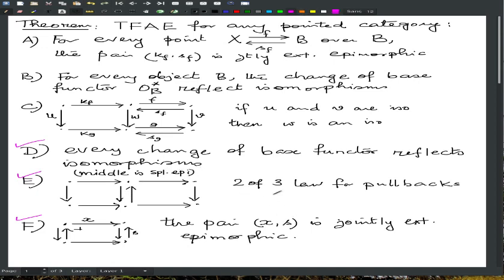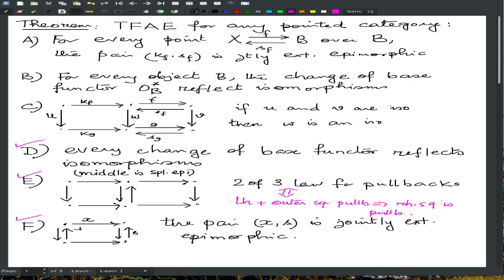This is actually saying if the left hand and the outer squares are pullback, implies the right hand square is pullback. Okay? Yes.